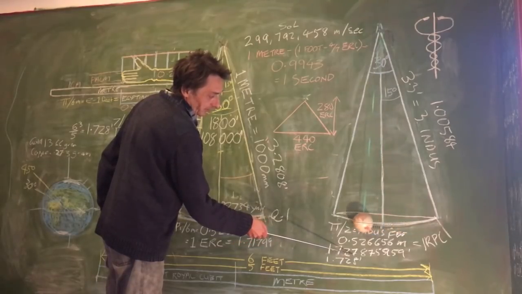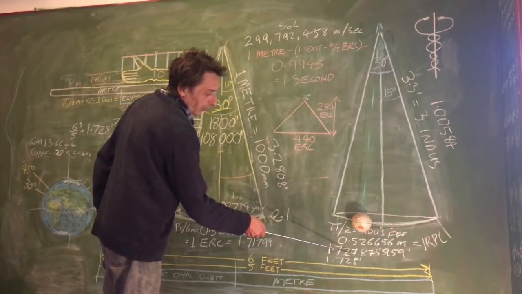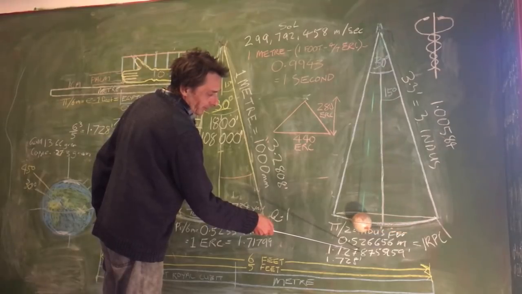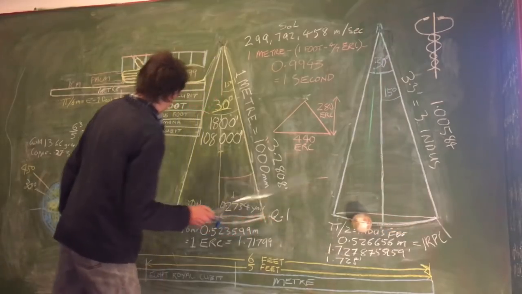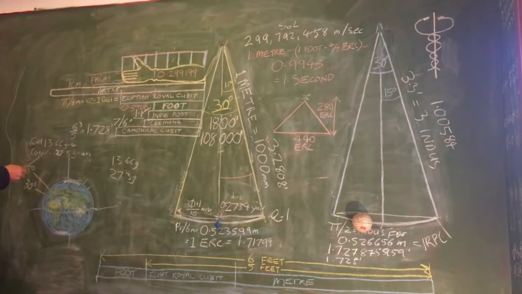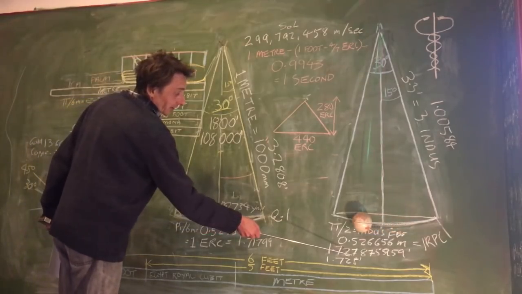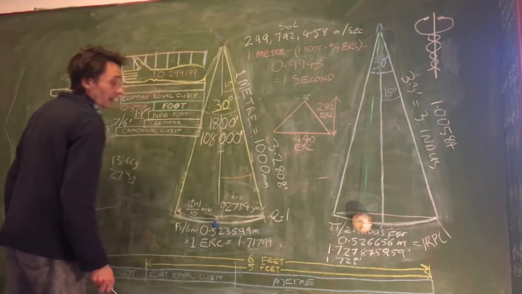Again, it's 0.8 of a millimetre difference between the 6 over 5 cubed that creates a canonical cubit and this, 0.8 of a millimetre.